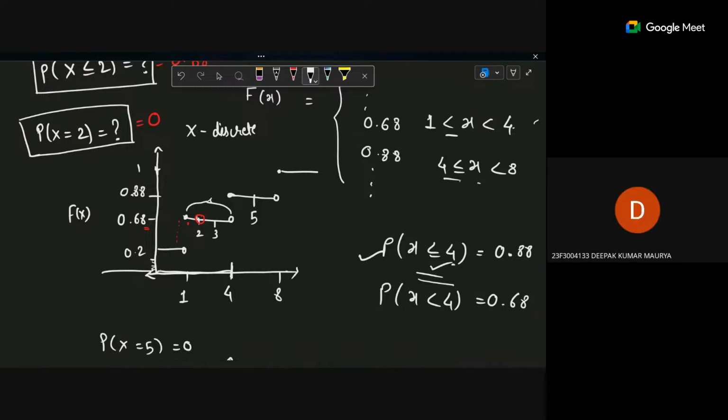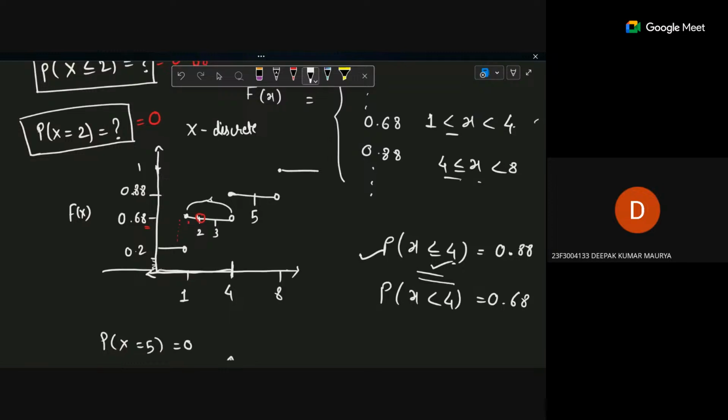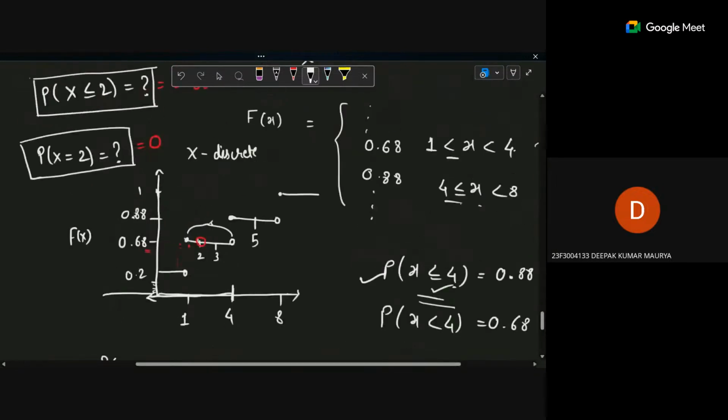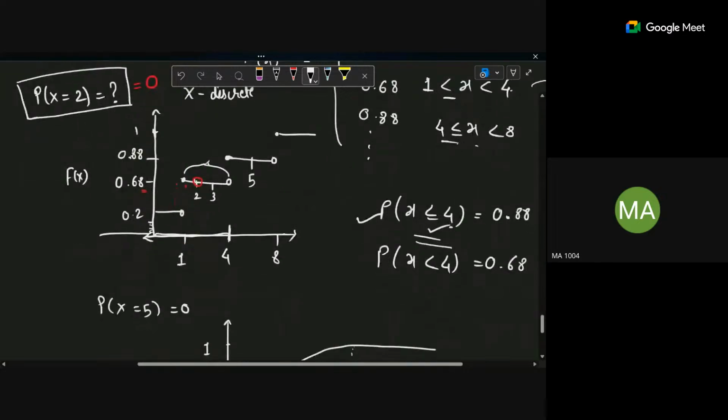Yeah. So instead of a line, can we put a dot for probability? Like for 1, it's 0.2, and for 4, 0.68. I do not understand again.